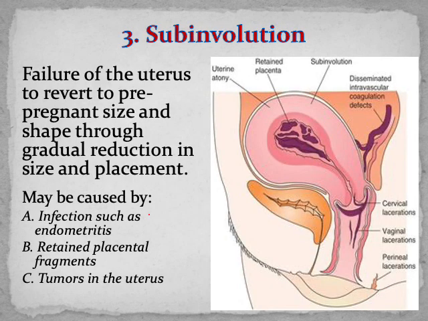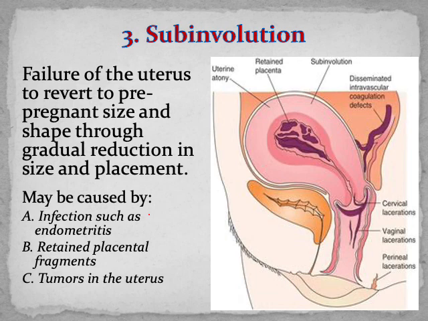Next complication is subinvolution. Subinvolution is the failure of the uterus to revert to the pre-pregnant size and shape through gradual reduction in size and placement. We have learned previously the concept of involution. At yung involution ay ang pagbalik ng reproductive organs, especially ng uterus, na may pinakamalaking change during pregnancy.